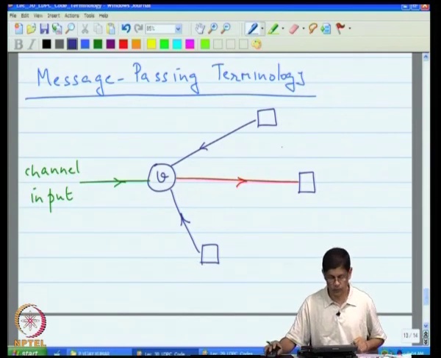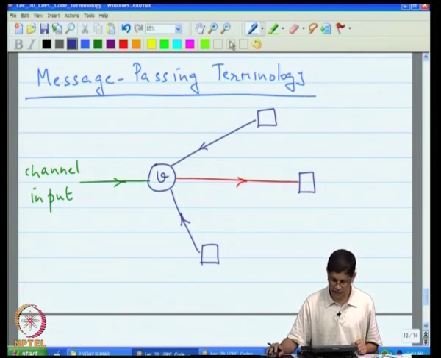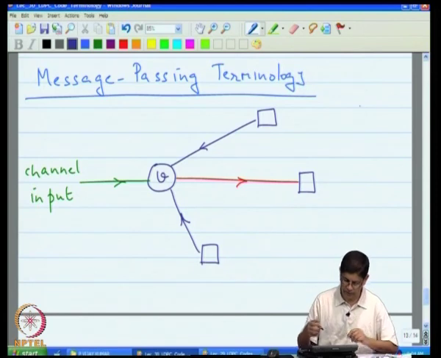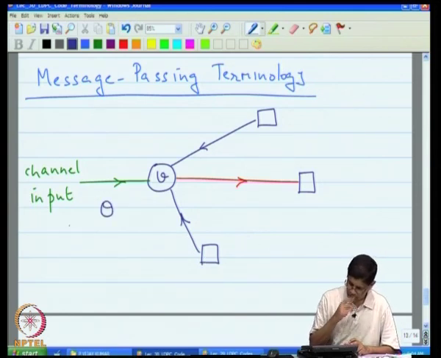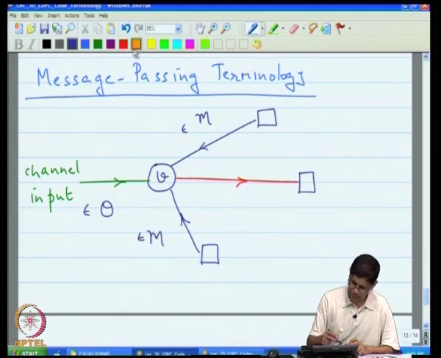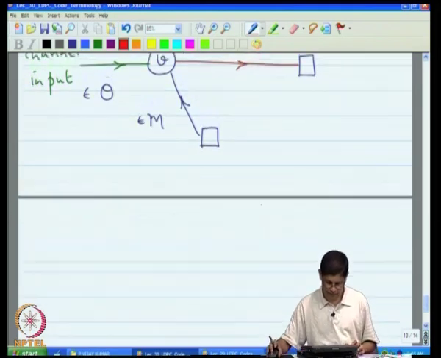Now, all that we want to do is identify the alphabet which is used to pass these messages, or the alphabet corresponding to these messages. So, this alphabet, which is the channel output alphabet, will be called O. Okay. So, the message alphabet will come from O. This message alphabet will come from script M, and so will this. Okay.